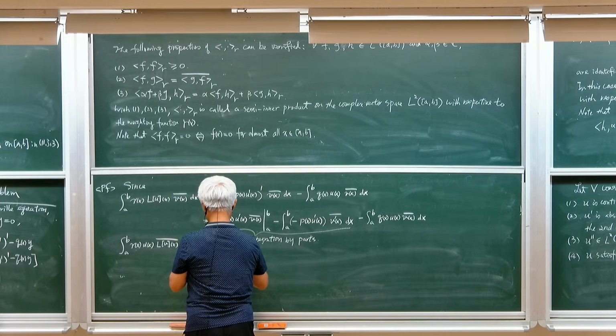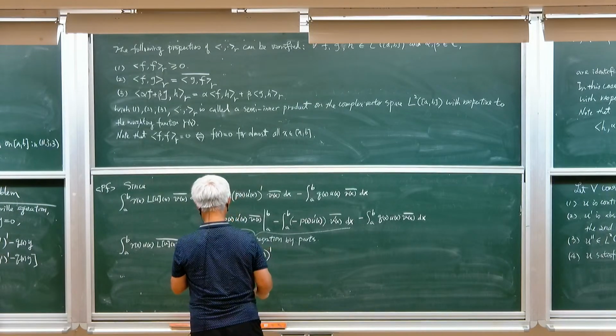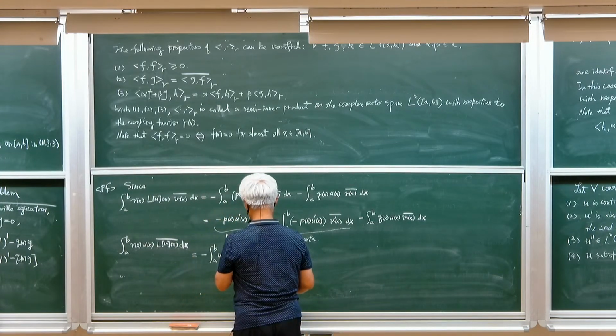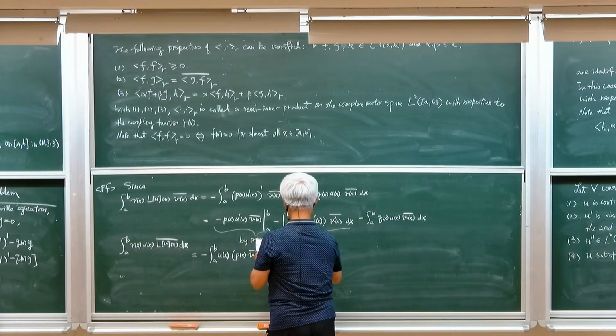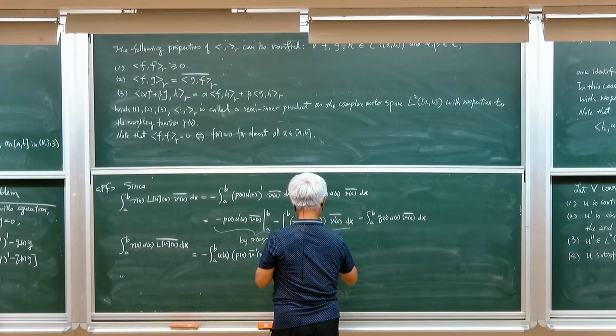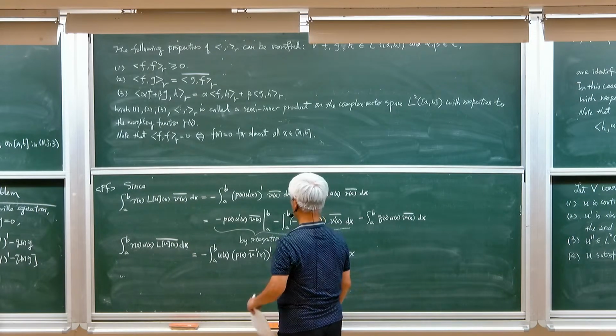and v̄ prime of x prime, okay, dx minus ∫ₐᵇ u(x) q(x) v̄(x) dx here.